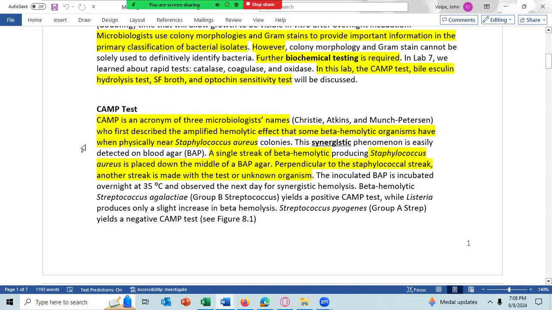They first described the amplified hemolytic effect that some beta hemolytic organisms have when they're grown near Staphylococcus aureus. A single streak of beta hemolytic Staphylococcus aureus is placed down the middle of a blood agar plate. Perpendicular to the staphylococcal streak, another streak is made with a test organism or an unknown organism to test the CAMP test.